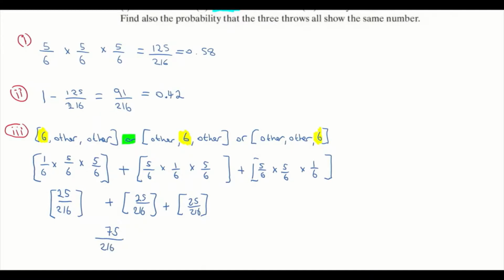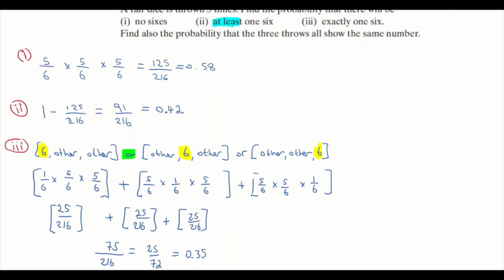Now, if you want, you can simplify that down. That will simplify to 25 over 72. And if you want, you can turn it into a decimal, which is giving me 0.35. So about 35% of the time is when you would expect to get exactly 1/6 when you roll those three dice. Okay, so that's part 3.